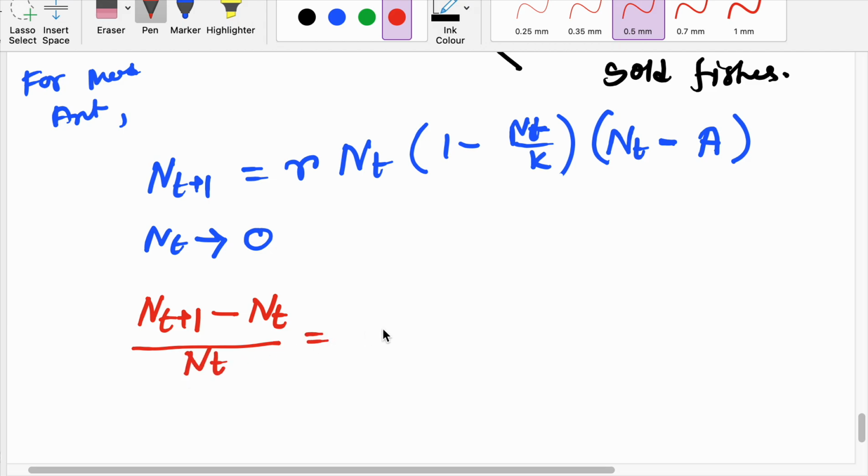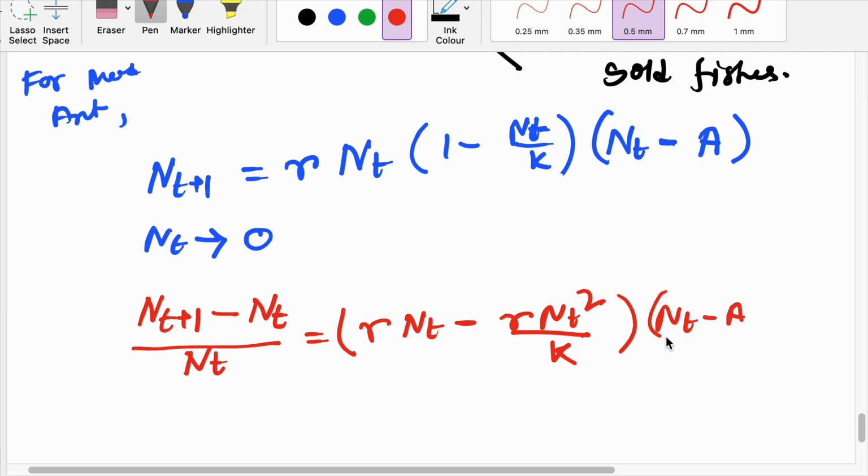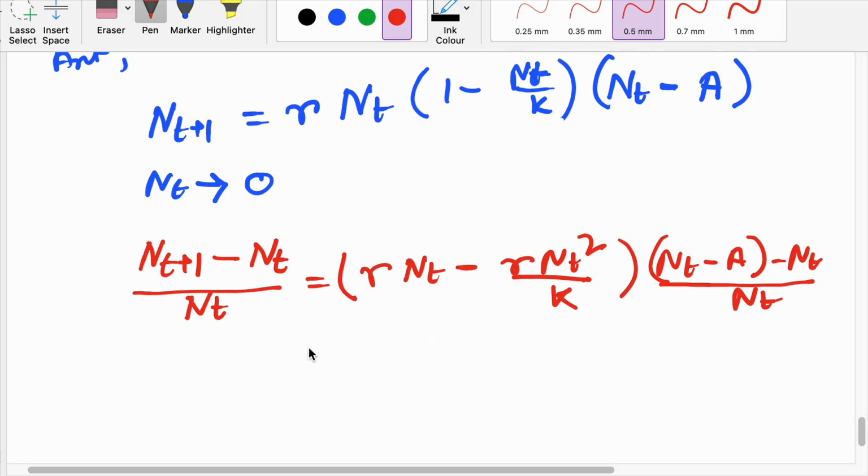If I do this, we will find N(t) minus r N(t) squared by K, minus N(t), and if I divide by N(t), so what will we find?